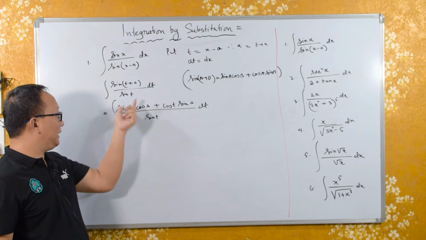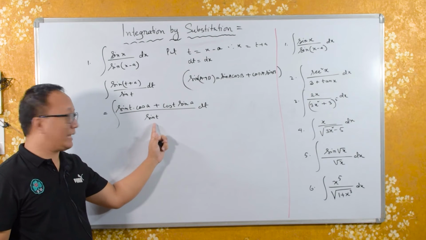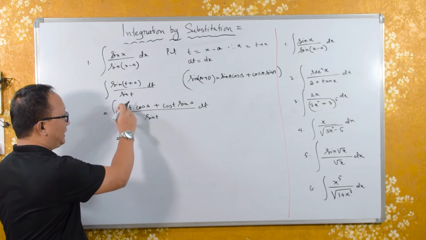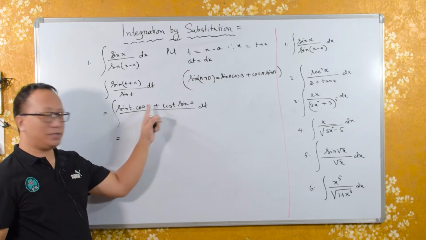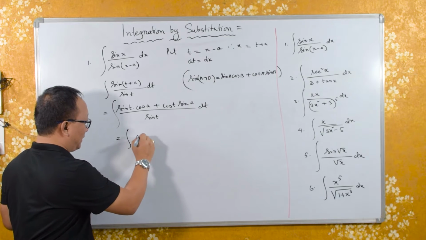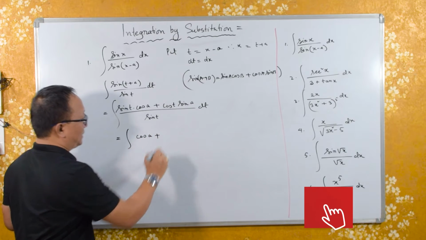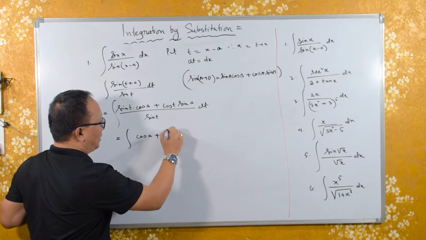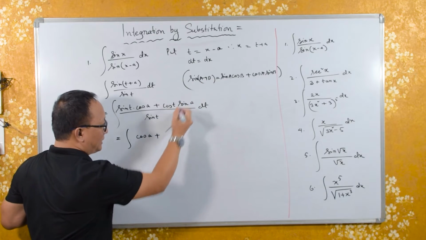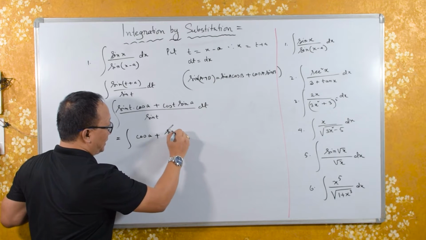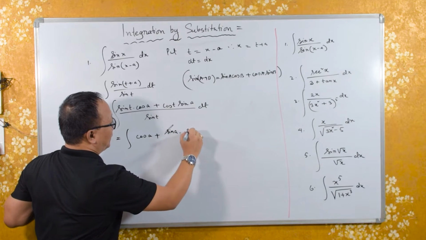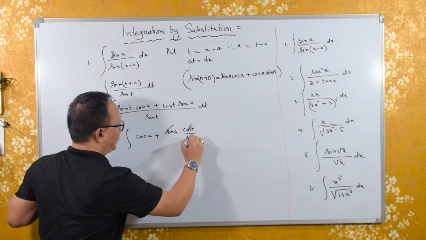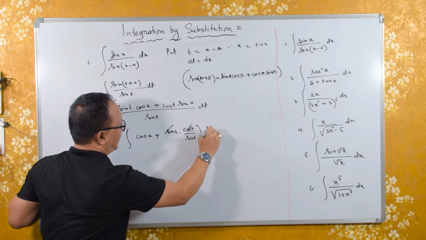In this term, sine t and sine t get cancelled, and it will be only cos a. Then plus sine a, which is a constant, into cos t upon sine t, integral dt.